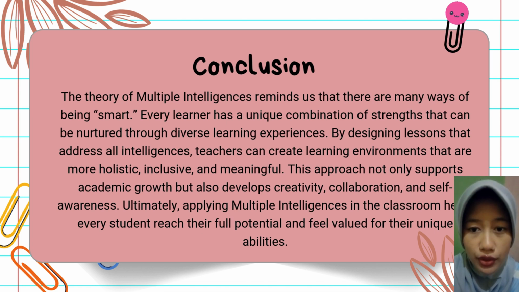This approach not only supports academic growth but also develops creativity, collaboration, and self-awareness. Ultimately, applying multiple intelligence in the classroom helps every student reach their full potential and feel valued for their unique abilities.